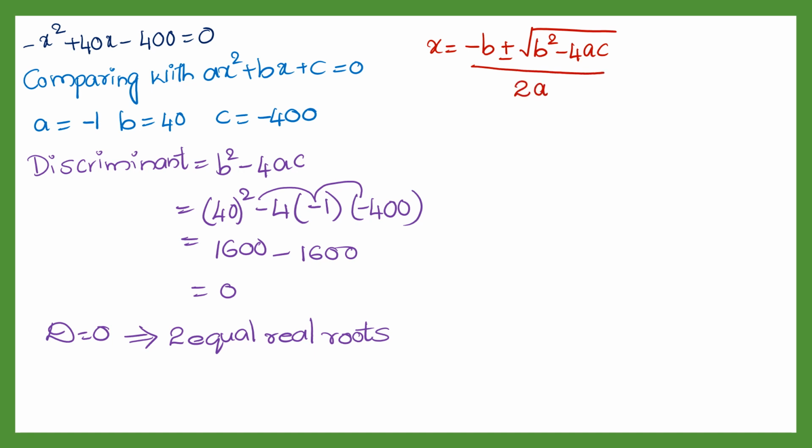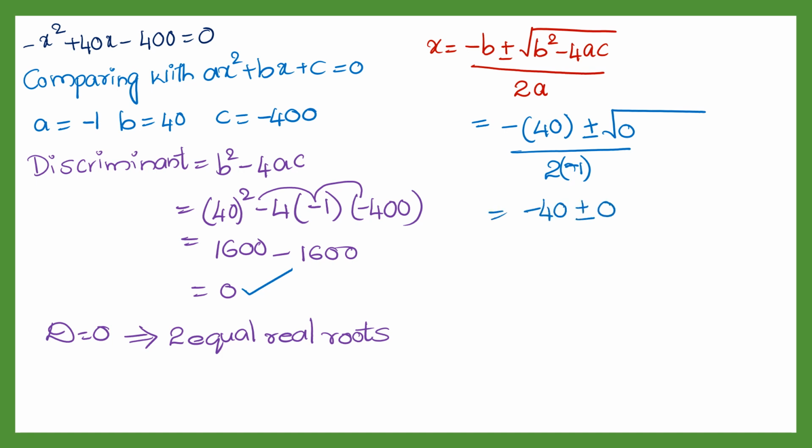Now let's substitute. Minus b means minus of 40, plus or minus root of b square minus 4ac, we already got as 0, by 2a. a is minus 1, so minus 40 plus or minus root 0 is 0, by minus 2.